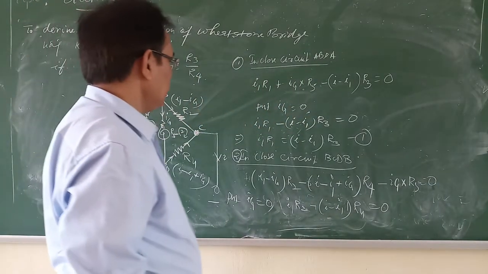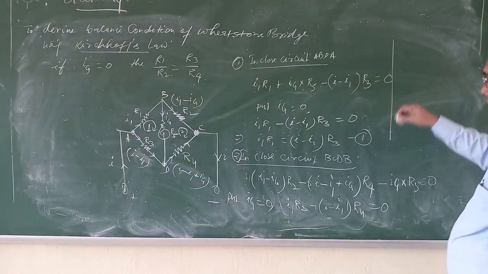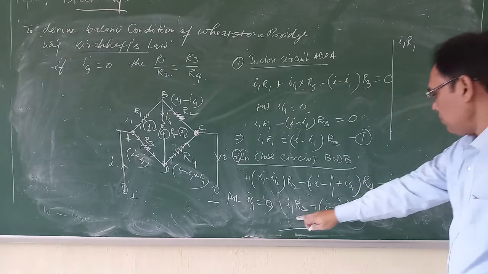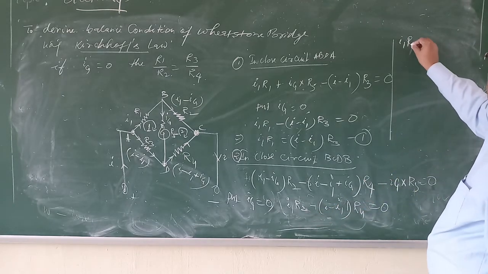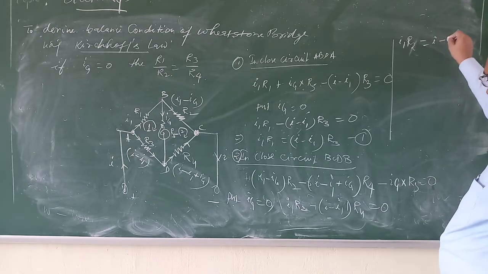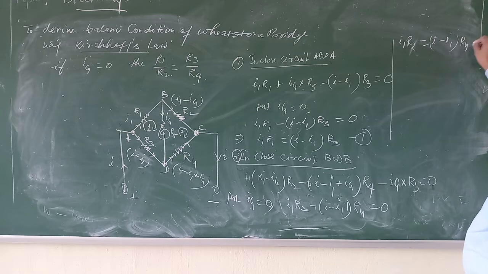So you are getting here I1 R2 equal to I minus I1 into R4. This is equation number 2.